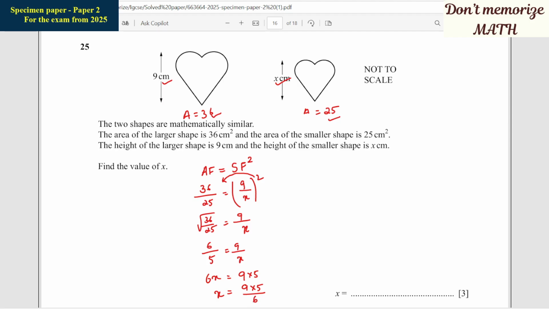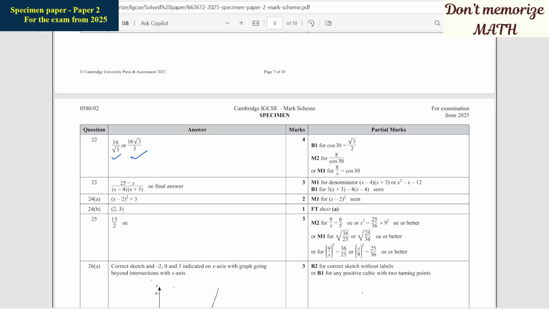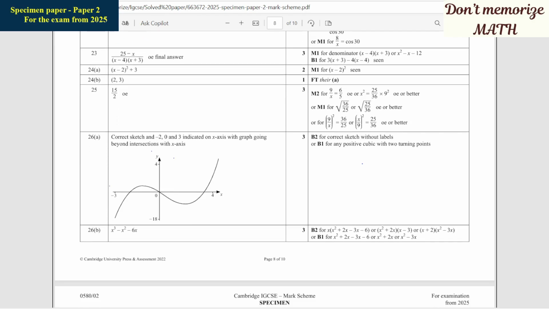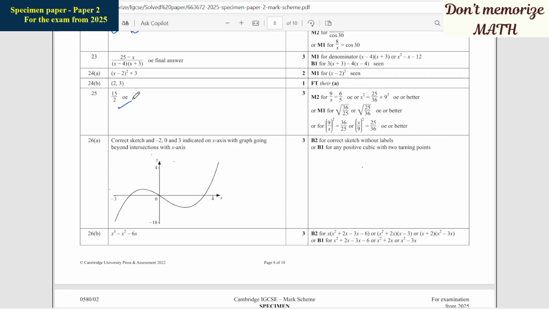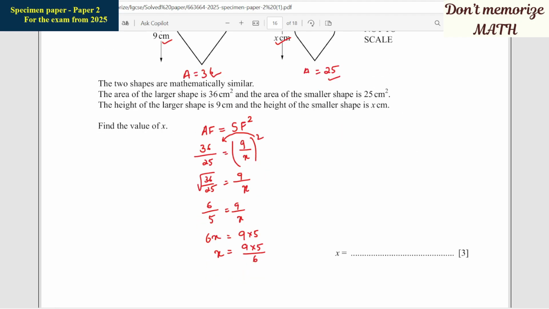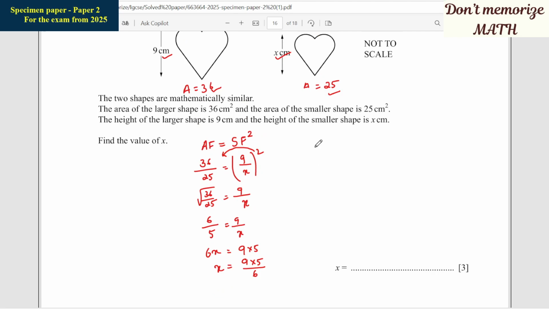So let's see the marking scheme. In the marking scheme we got 15 over 2. The improper fraction 45 over 6 you cannot write like that. So what you have to do is 9 times 5 over 6. 9 and 6 are multiples of 3, so cancel them.